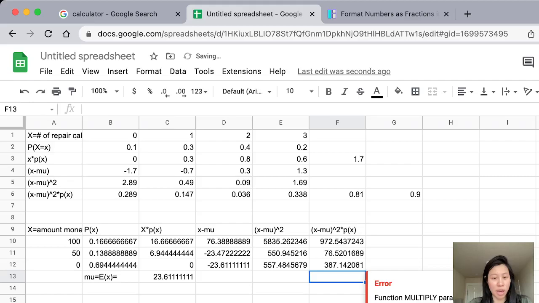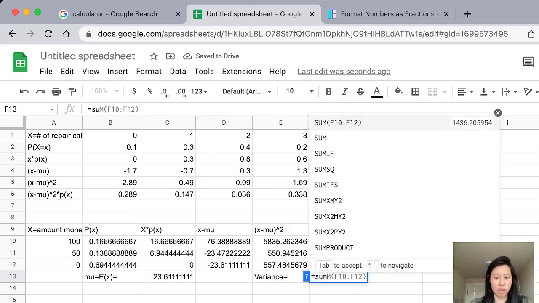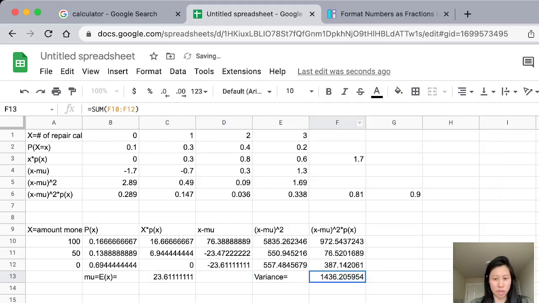Okay, and then we add the sum to find out what the variance is, which is also called sigma squared, equals the sum of these three numbers added up together. And that's not our standard deviation.